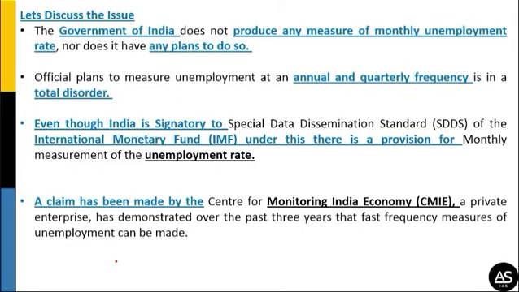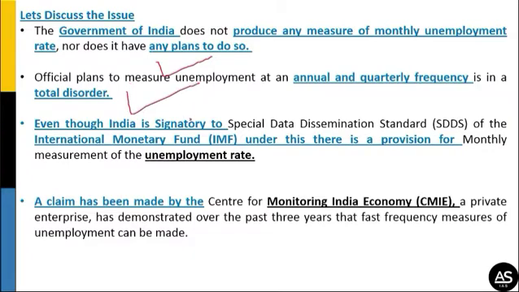Okay, so let's discuss this article in detail. The government of India doesn't produce any measure of monthly unemployment rate, nor does it have any plan to do so. The government of India doesn't have any measures to release a report on the unemployment data. The official plan to measure unemployment at annual and quarterly frequency is in total disorder.